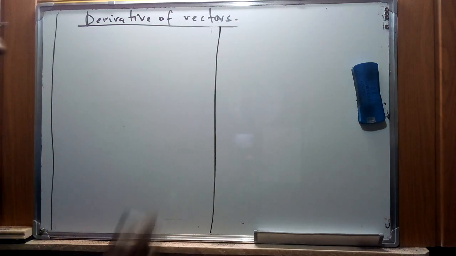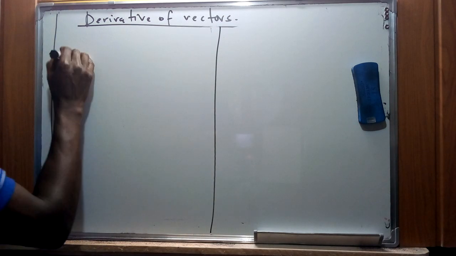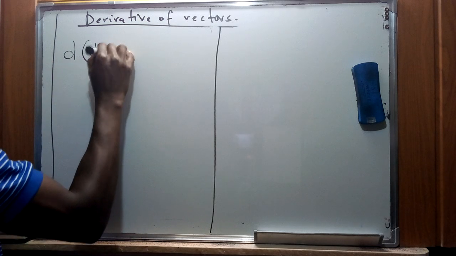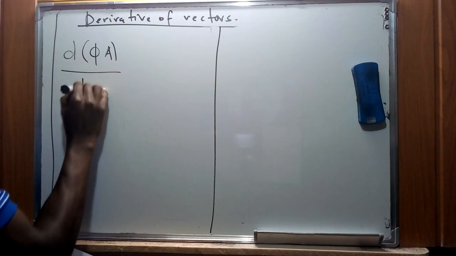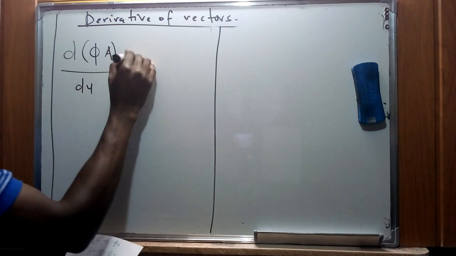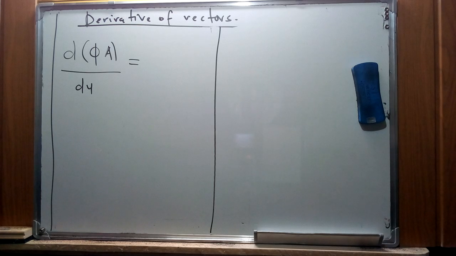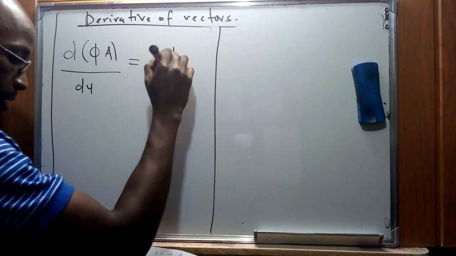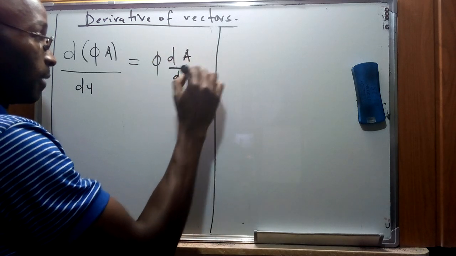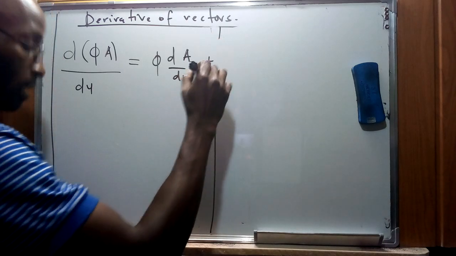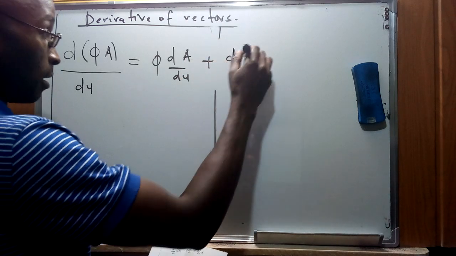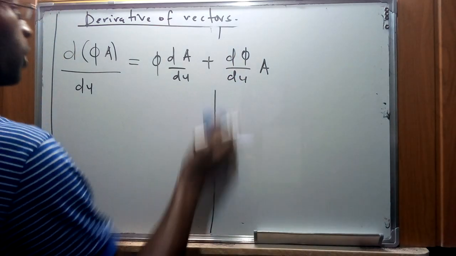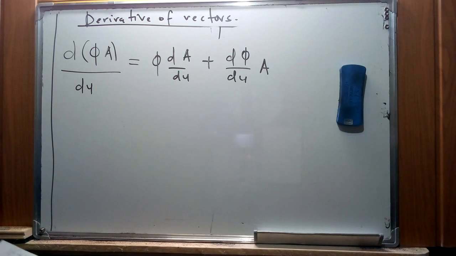Now that we have given a general representation for the derivative, suppose we have a function phi times a, and we take the derivative with respect to u. The derivative of phi a with respect to u is going to be given as phi dA over du plus the derivative of phi with respect to u times a. So this is one of the rules that are going to be applicable.